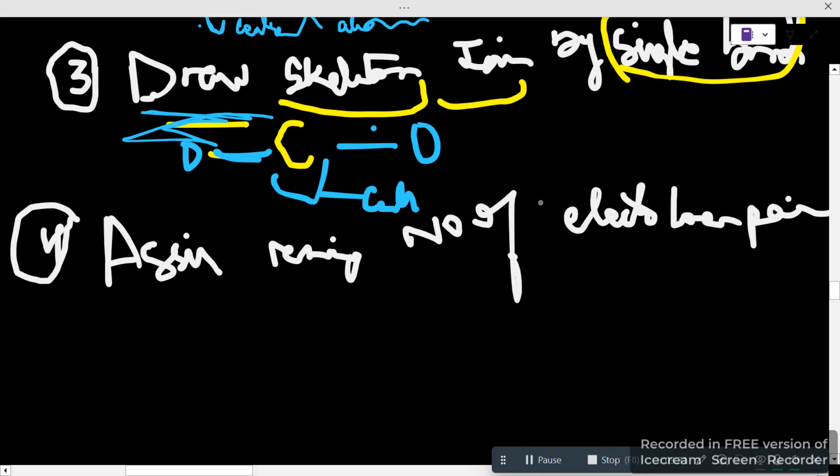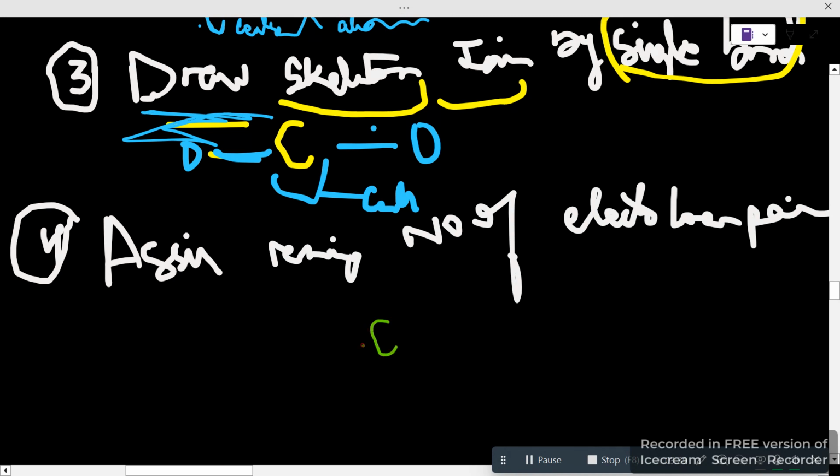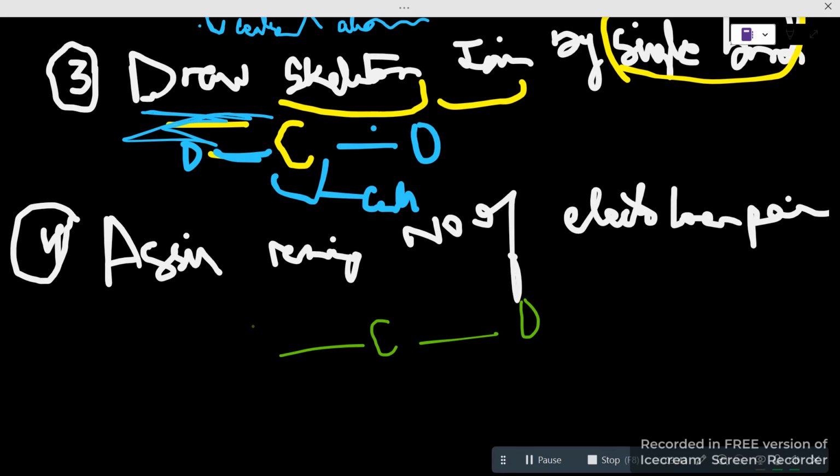So what does this mean? Let me tell you, this is very important, so be all ears. This is the carbon attached to the oxygens, which we discussed in the third step. One bond simply means two electrons.